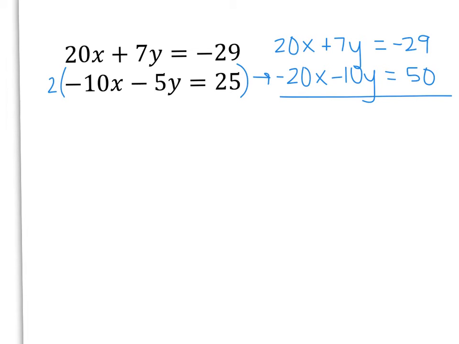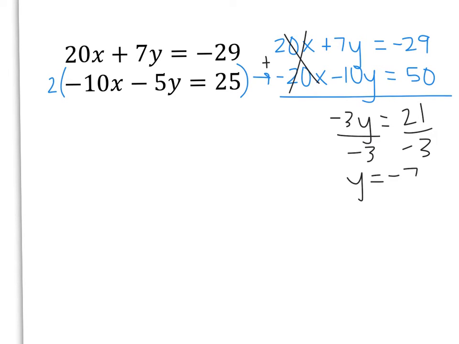So now if I add together the two equations, the x's will cancel out. 7y plus negative 10y is negative 3y, and negative 29 plus 50 is 21. If I divide by negative 3, I get y equals negative 7.